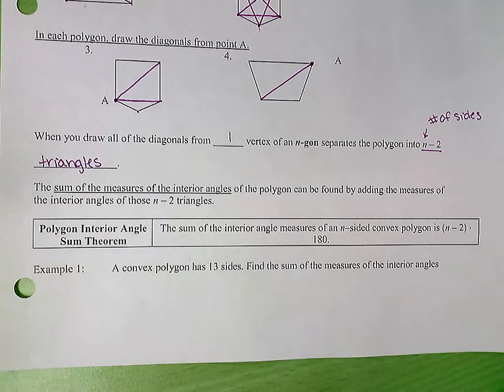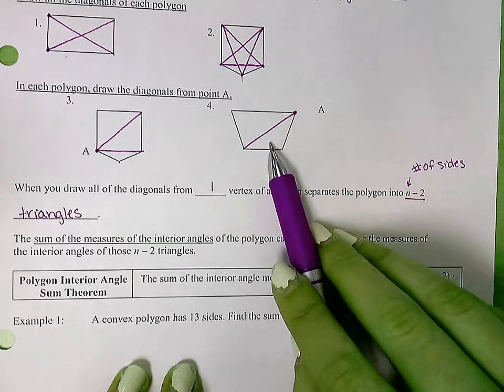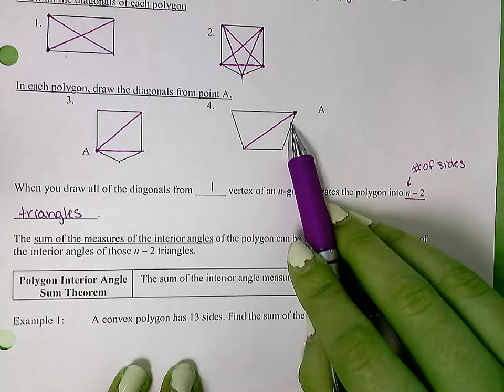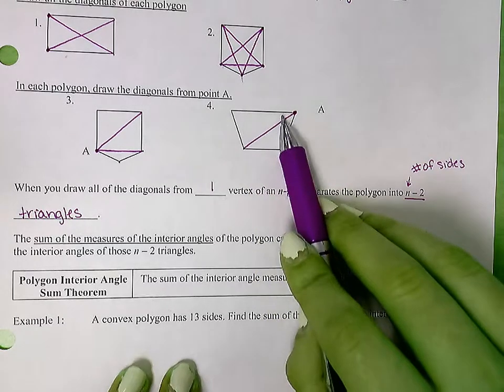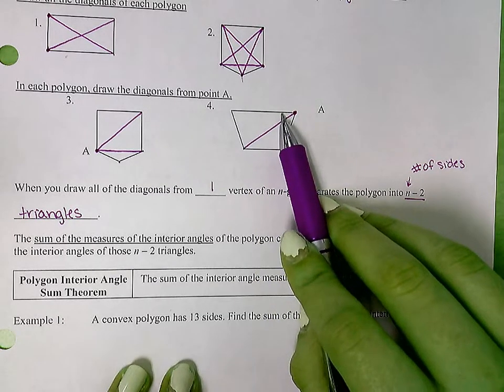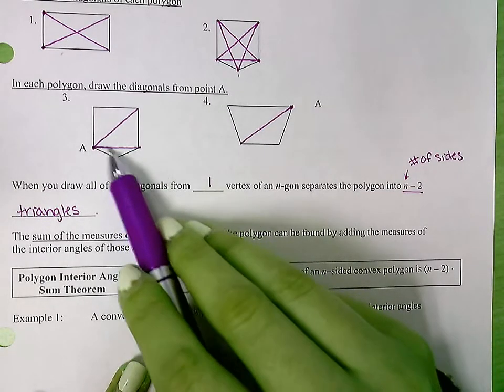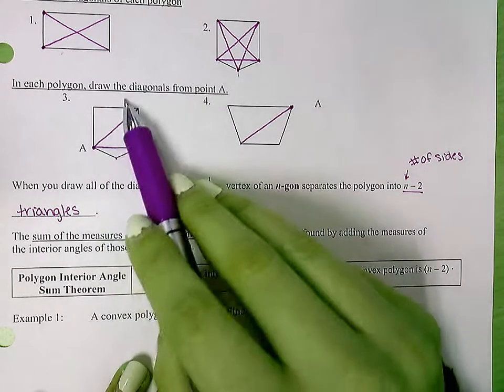What do all the angles in a triangle add to be? 180. So each of these triangles here, all 3 of those angles have to add to 180. Same thing with these 3 triangles. They have to add to 180, 180, and 180.